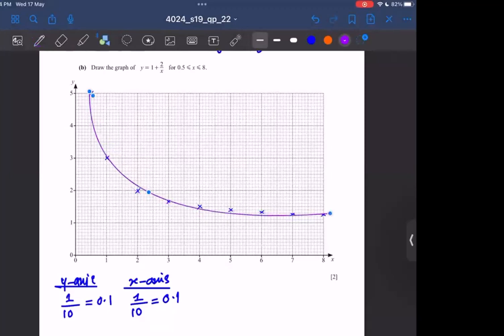I'm not going to get a tidy graph with this one.